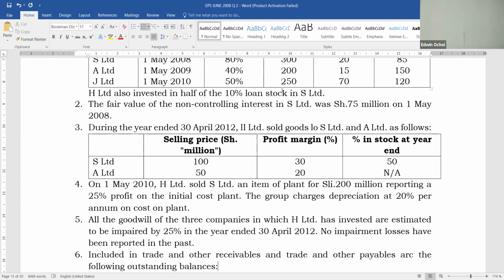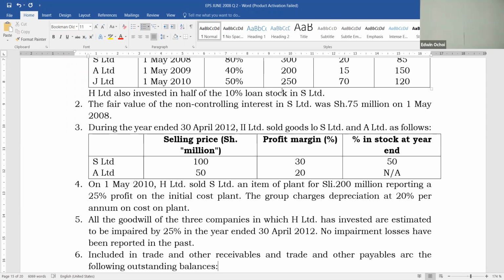The NCI, the non-controlling interest, must be measured at its fair value. Then the goodwill arising from the use of the full method is attributable to the parent and to the non-controlling interest.